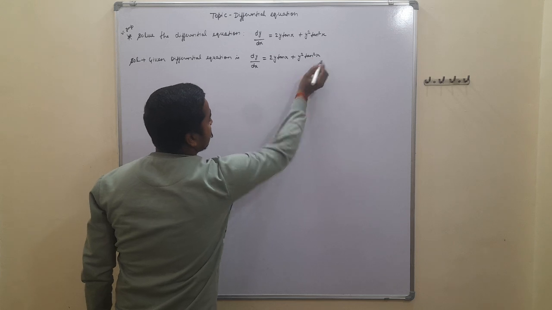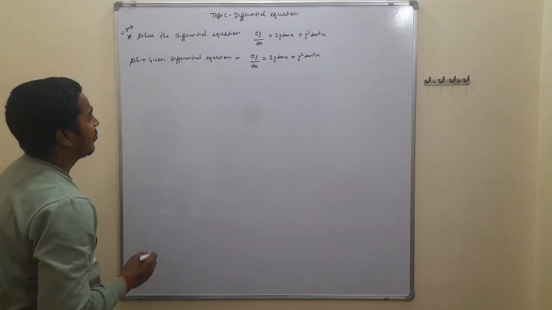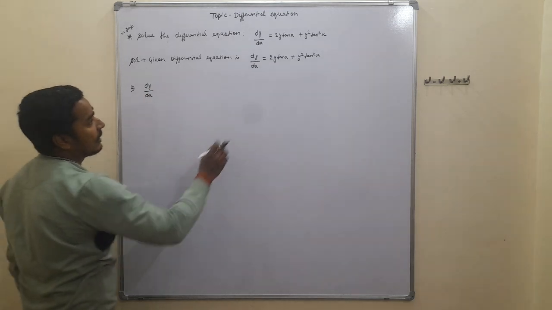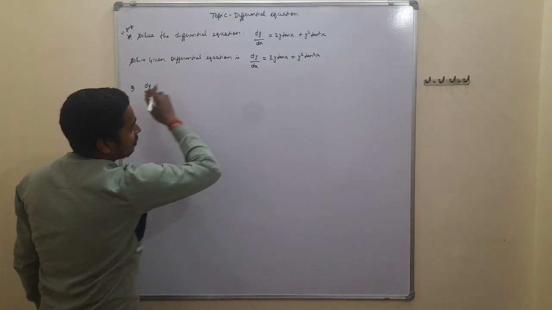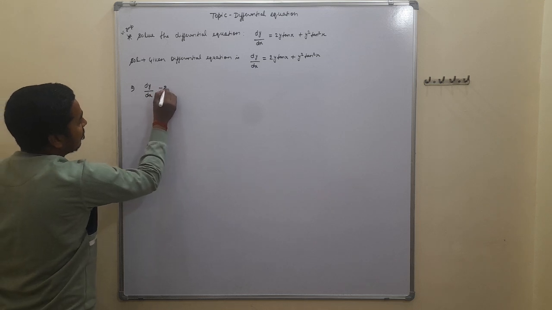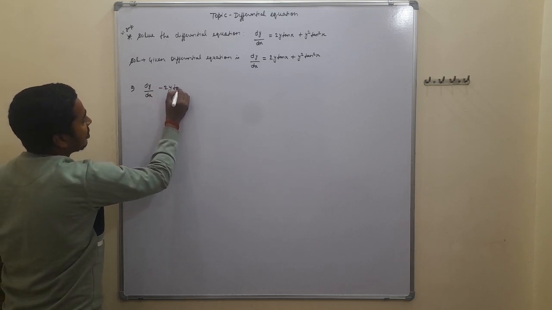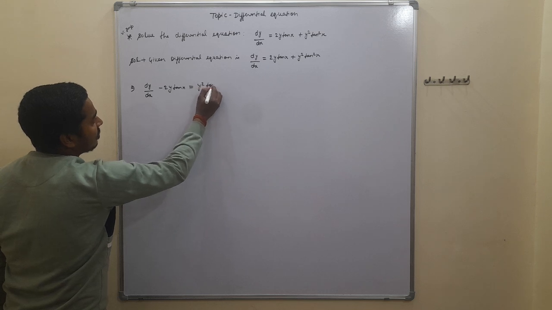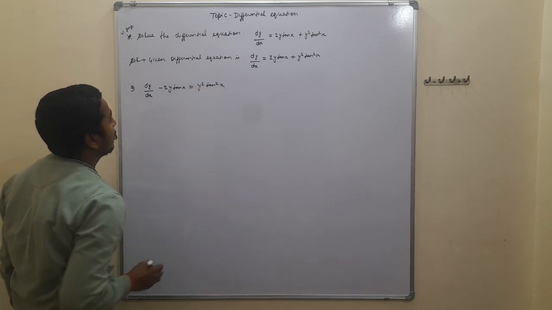We can also write the given differential equation as dy/dx, taking 2y tan x to the left-hand side, so dy/dx − 2y tan x = y² tan² x.